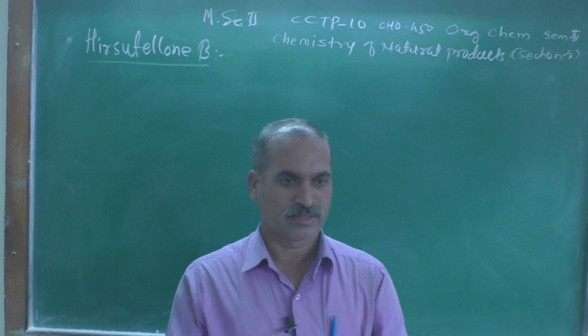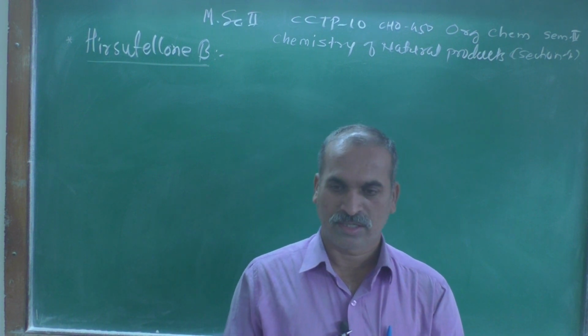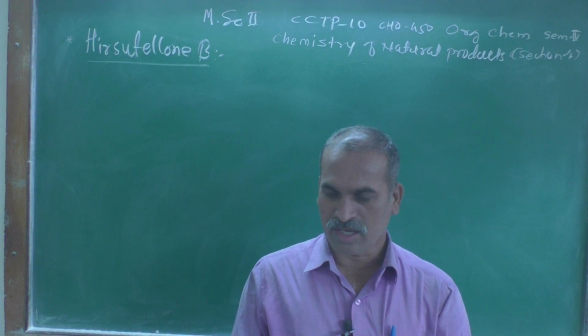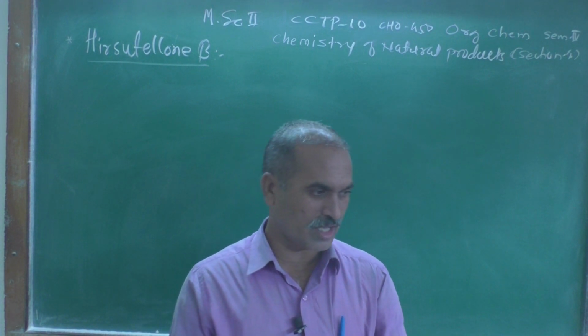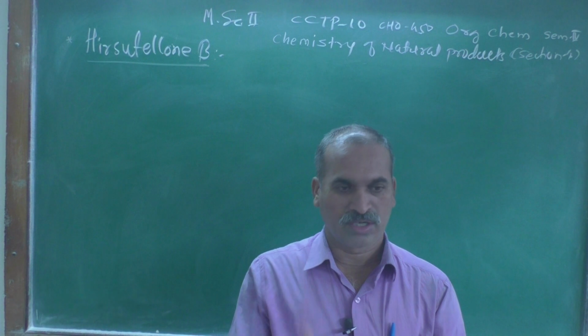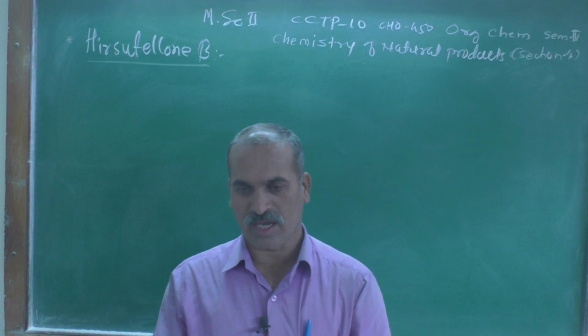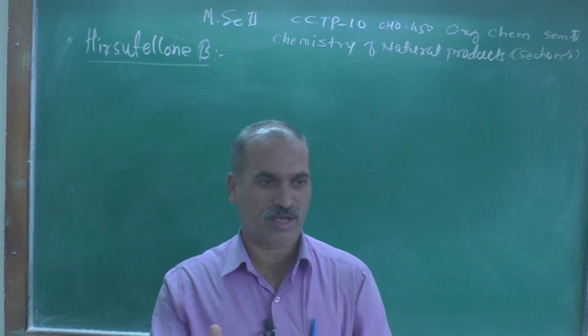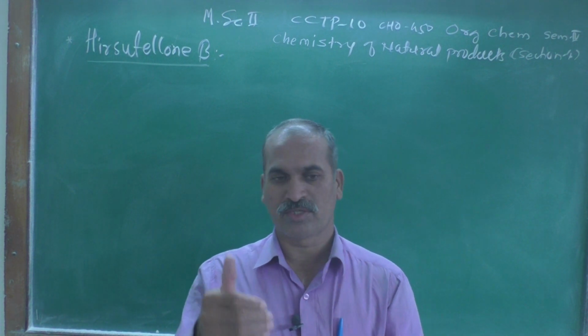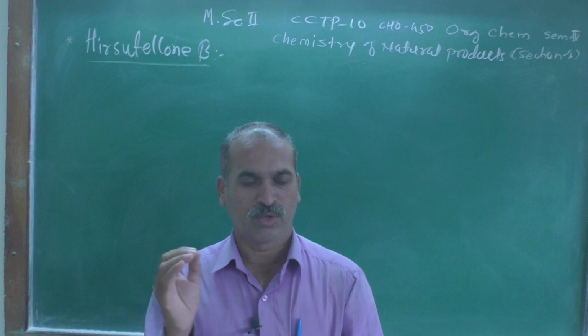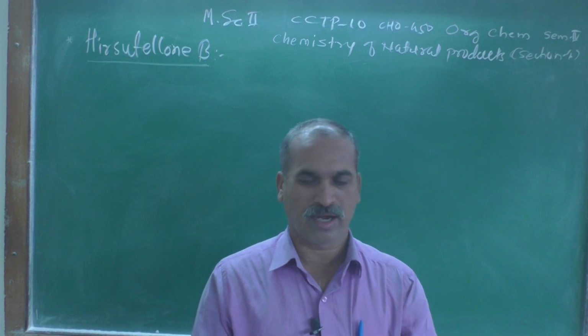as well as it has a tricyclic structure. It is a hydrocarbon, and as everybody knows, a hydrocarbon means an organic compound which is made of only carbon and hydrogen.